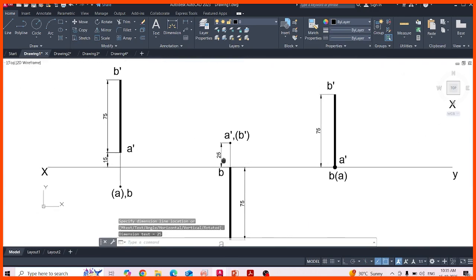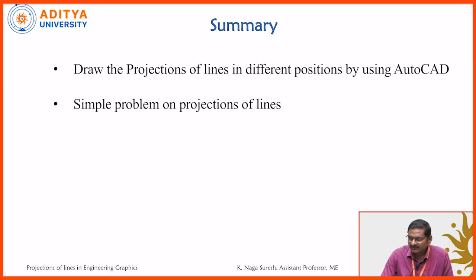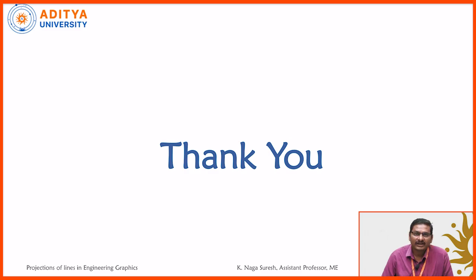So this is the answer for all three problems. This is the first, this is the second and this is the third. Yes, so in all three conditions the line is perpendicular to one plane and parallel to another plane. Today we discussed drawing the projections of a line in different positions using AutoCAD, and simple problems related to the projection of lines. Thank you everyone.